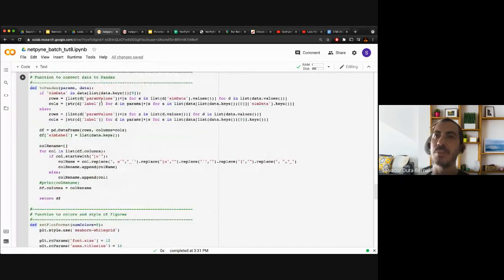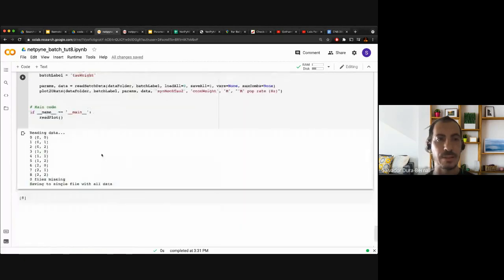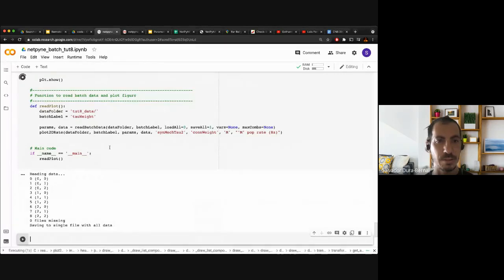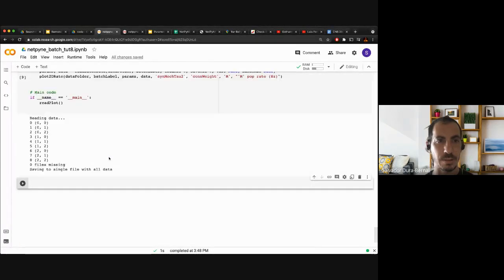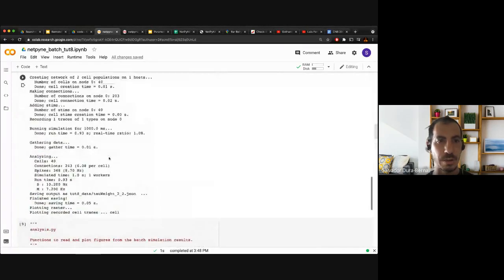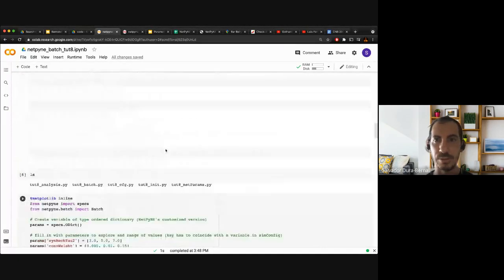It uses pandas, which is a Python tool very useful for analyzing data. So if we run this code, it should produce a nice plot.